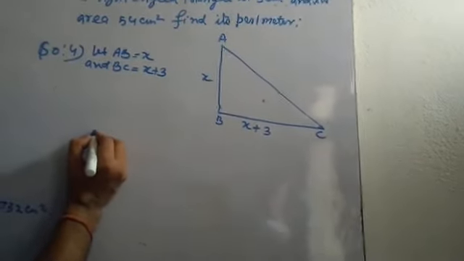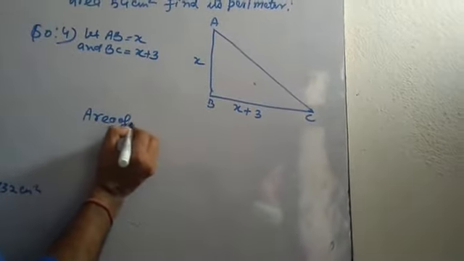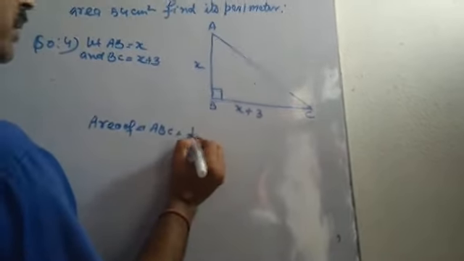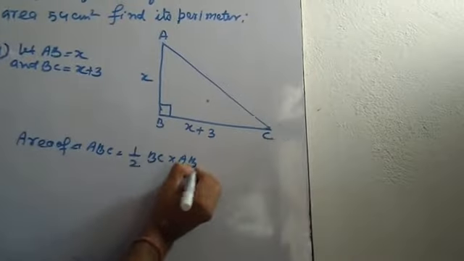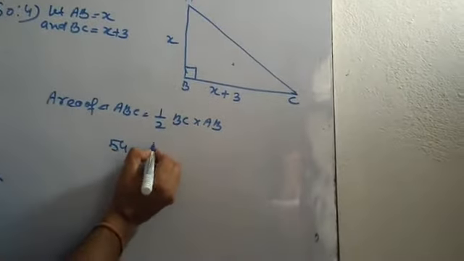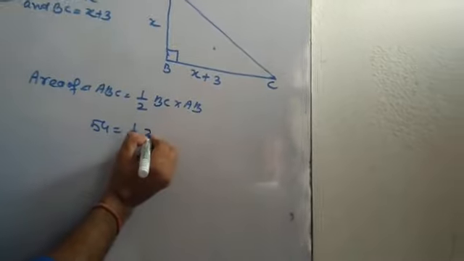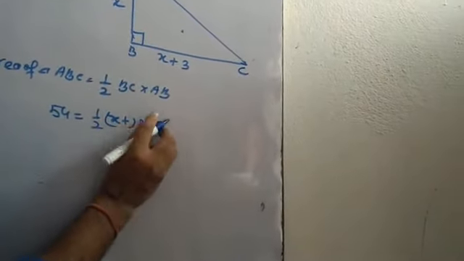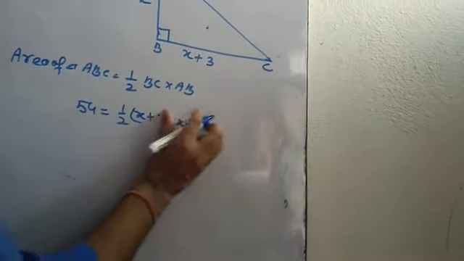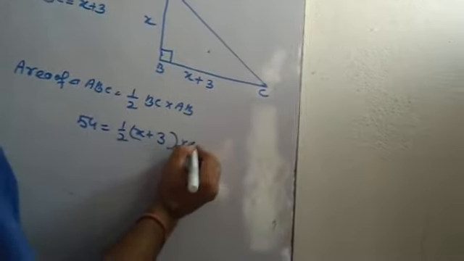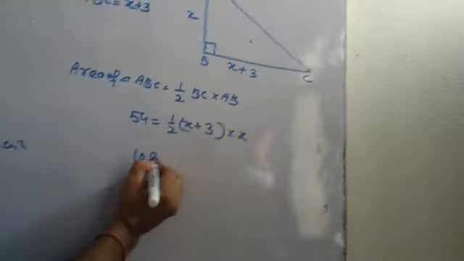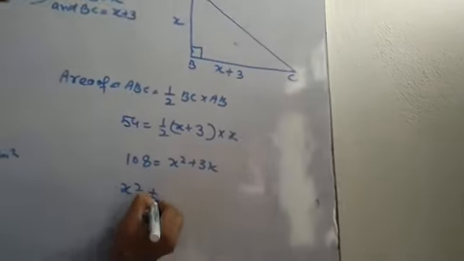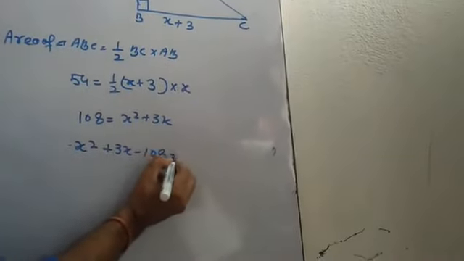According to the question, area of triangle ABC equal to 1 by 2 BC into AB. This is 54 equal to 1 by 2 into x plus 3 into x. Therefore 108 equal to x square plus 3x, or x square plus 3x minus 108 equal to 0.